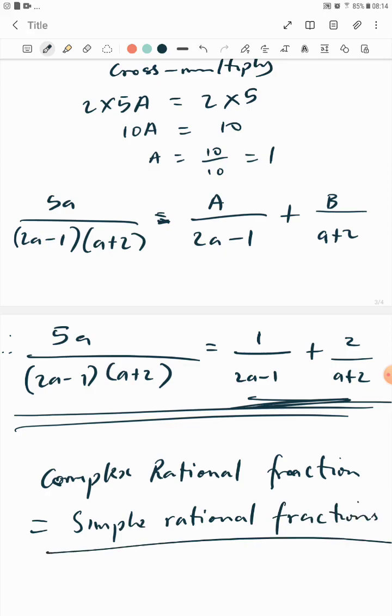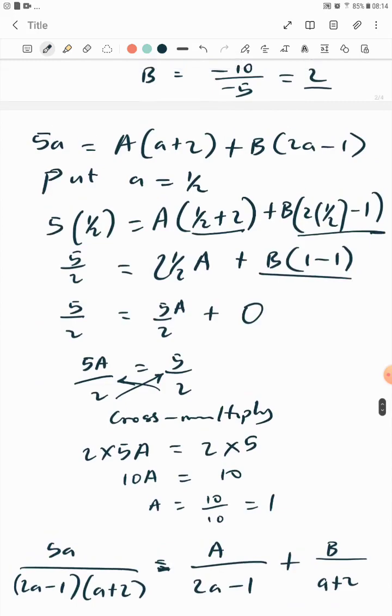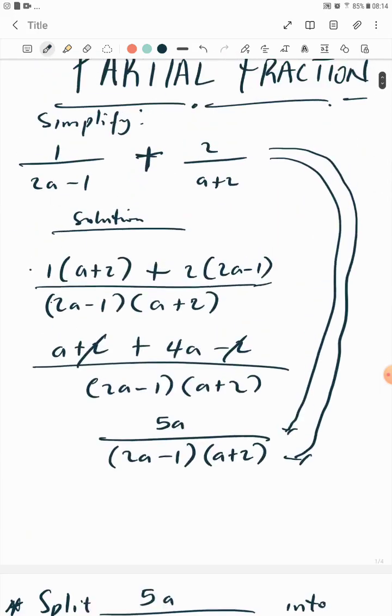The simple rational fractions you split into might be 2, might be 3, it might be 4, depending on the nature of the denominator of this complex rational fraction. So exactly, this is the introduction to the knowledge of partial fraction.